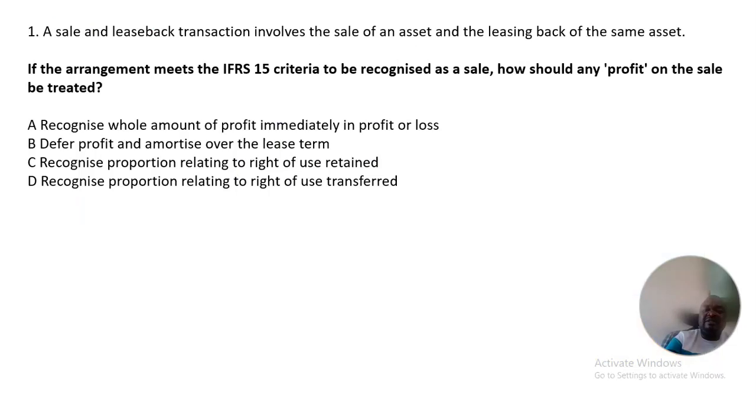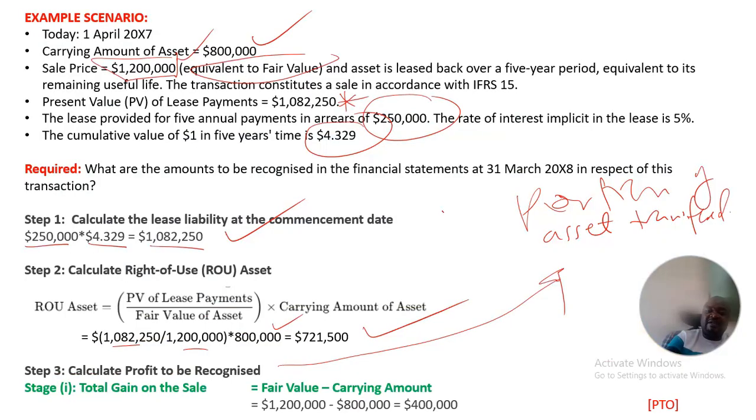Let me just quote the right wording. You need to recognize the proportion relating to the right of use transferred. That's the right wording. So that right which was transferred, the gain on the disposal, the portion related to that gain which was transferred.